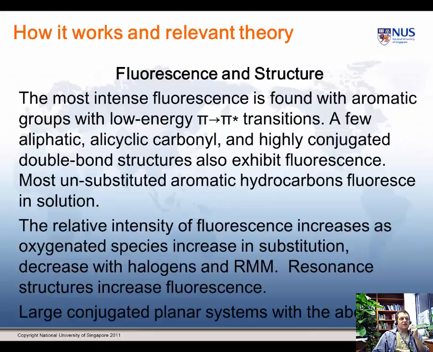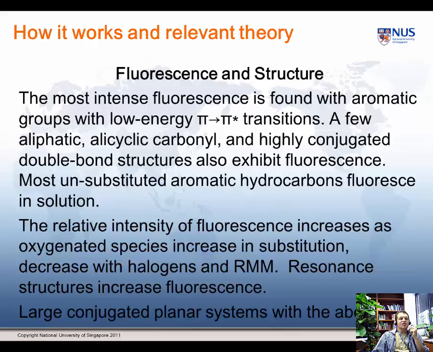Okay, the last part of this little mini e-lecture is going to be about fluorescence and structure. The most intense fluorescence is found with aromatic groups with low pi to pi star transitions. Remember, we're always looking for the least amount of energy. A few aliphatic alicyclic carbonyls and highly conjugated double bond structures can also exhibit fluorescence.